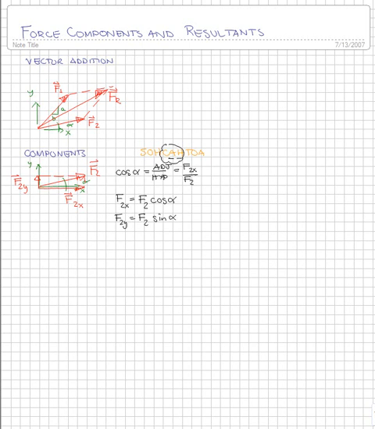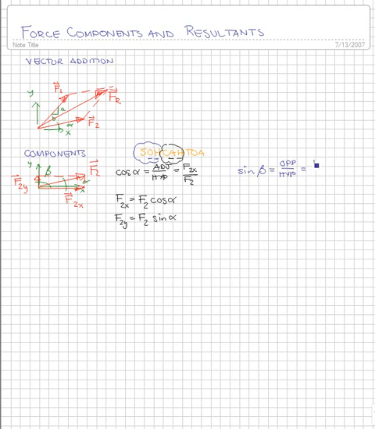Now you might ask, what if we had been given this angle? We'll call it beta. The same logical progression needs to be done, and in this case we would look for the opposite side compared to the hypotenuse. So we would need to make use of the sine term. So we could say the sine of beta is equal to the opposite divided by the hypotenuse.